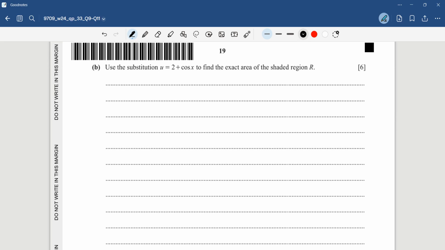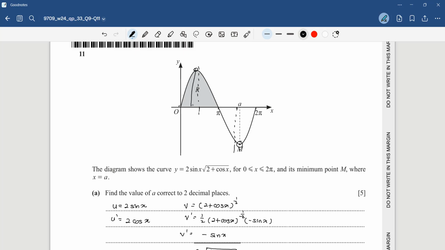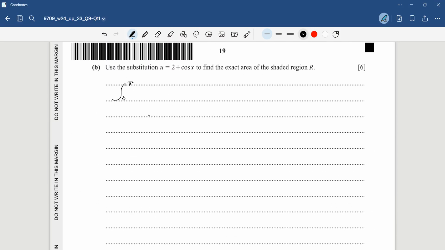And then use the substitution u equal to 2 plus cos x to find the exact area. So if you want to find the exact area, it's going to be from 0 to pi, right? So from 0 to pi, integrate this equation, it's going to be 2 sin x times the square root of 2 plus cos x dx.